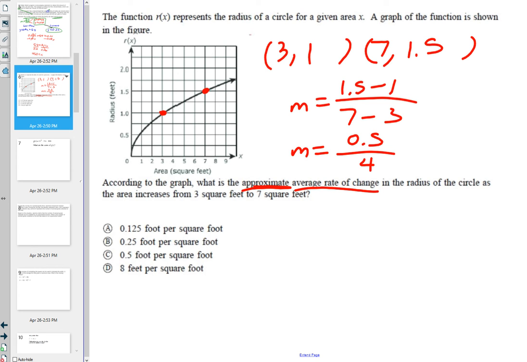If I'm doing it right in my head, that's 0.125 feet per square feet. Any questions there? And you can do the thumbs up.